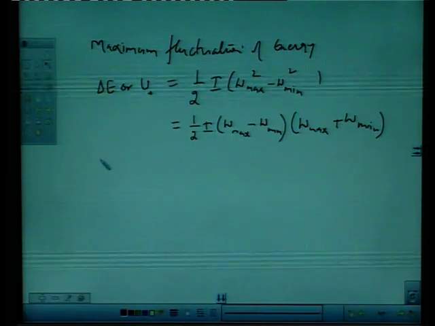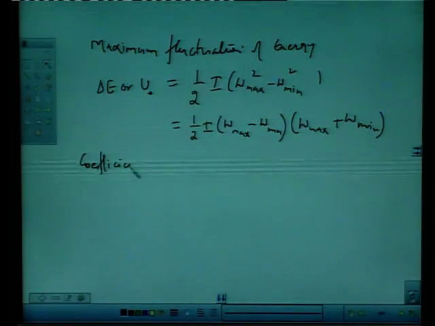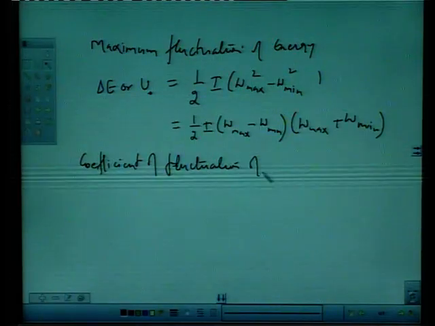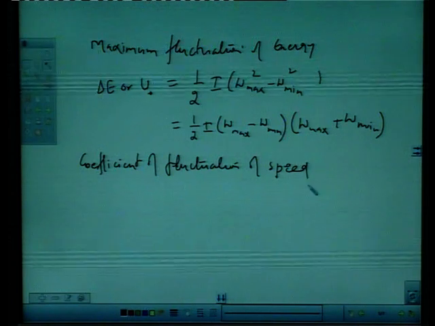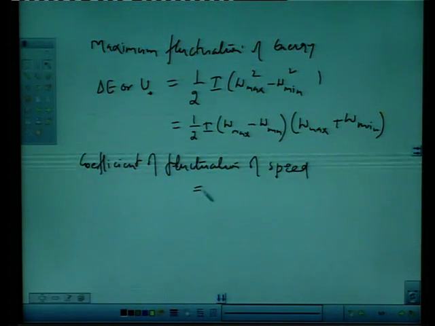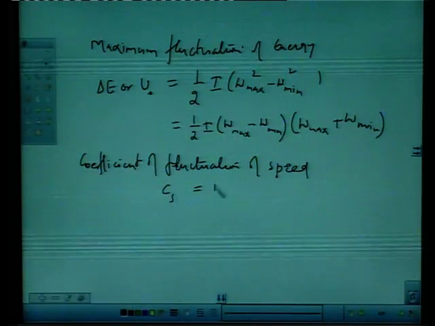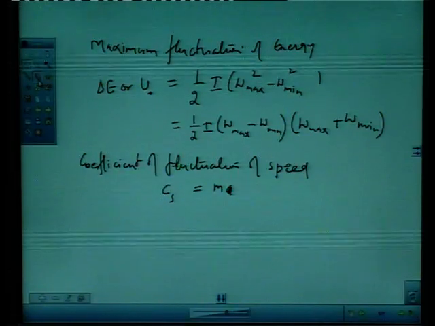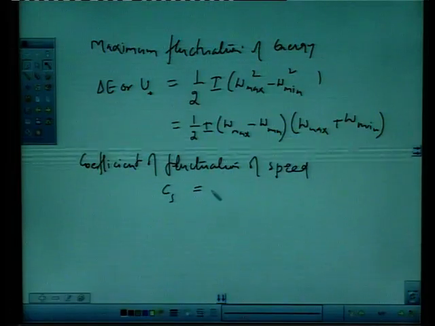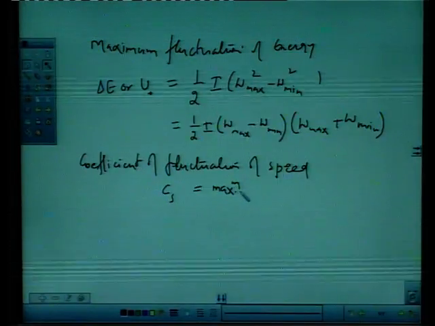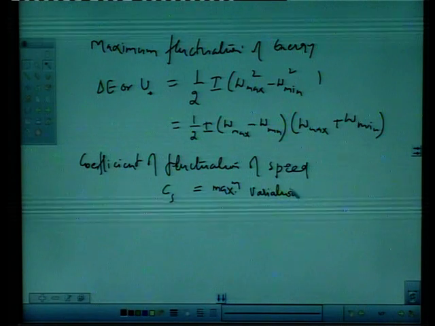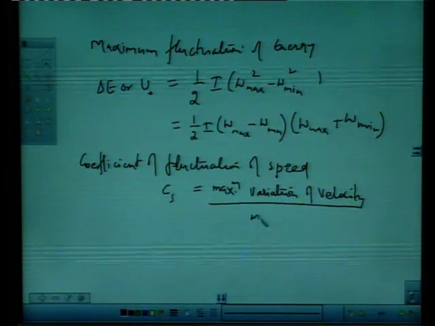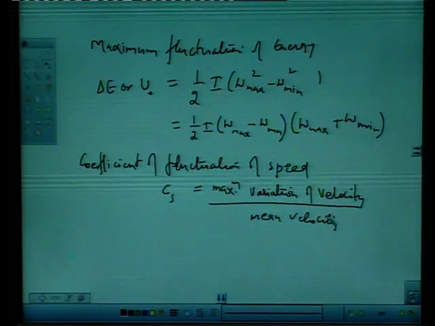Now, we define here another parameter, coefficient of fluctuation of speed, that is equal to Cs, that is equal to maximum variation of velocity divided by mean velocity.